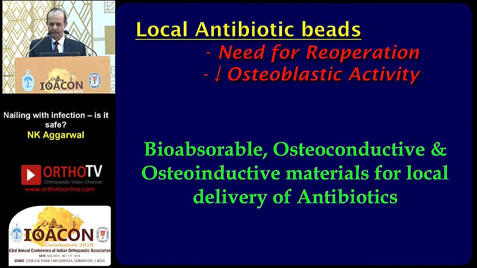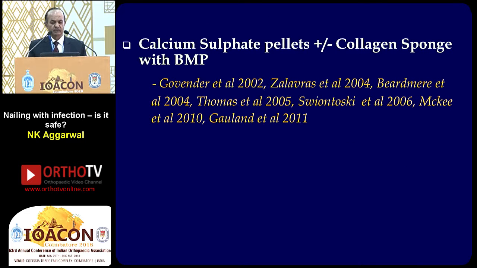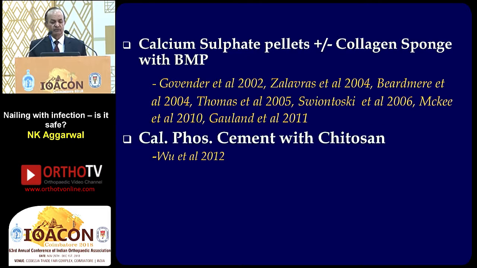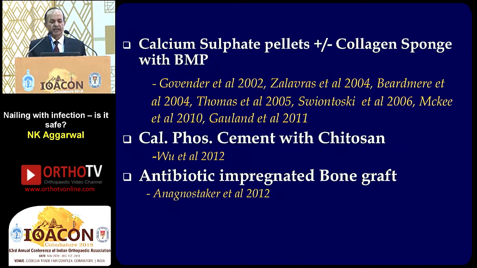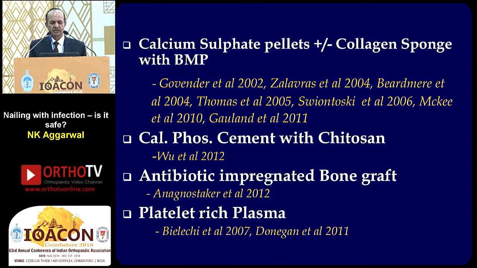It is also available to us in India now, and there are varieties of things: calcium sulfate pellets with or without BMP and collagen sponge, calcium phosphate cement with chitosan, antibiotic impregnated bone graft, and studies are on to control the elution of antibiotics even from bone graft. In a controlled manner, antibiotic can be eluted at the local site, and platelet-rich plasma also has been used.